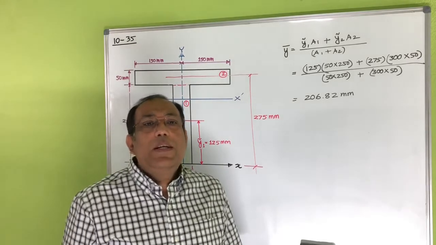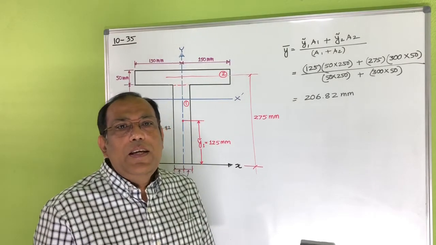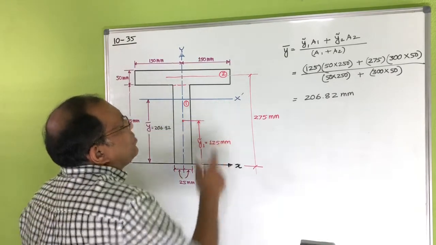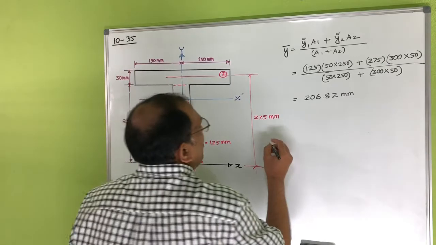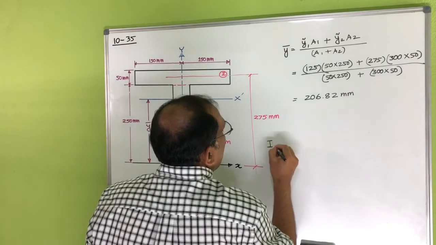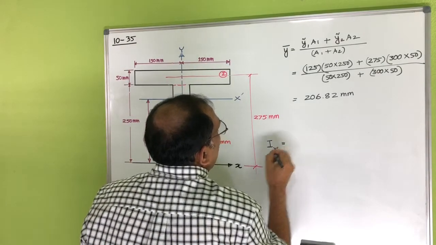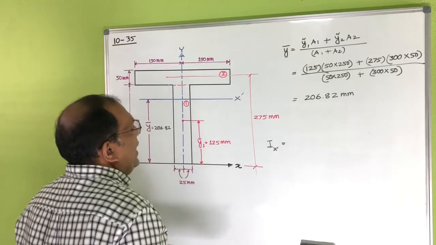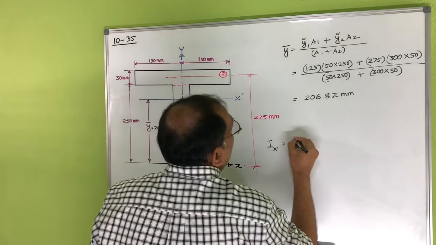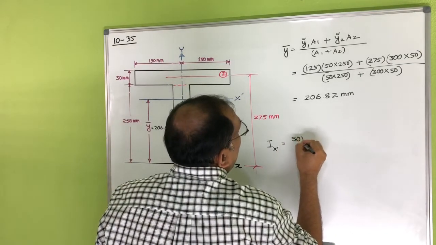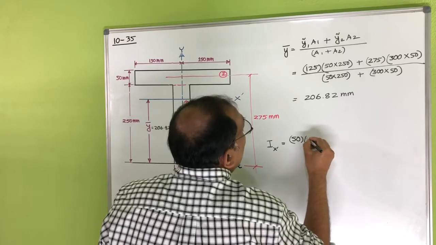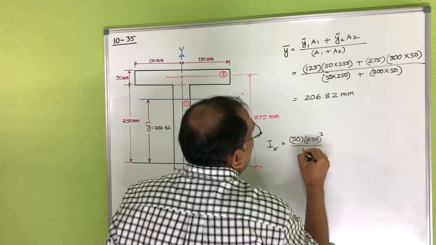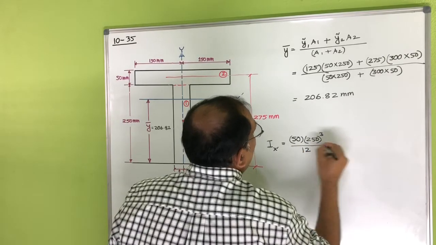Once I know that, I have to find the moment of inertia along this x prime axis. So my Ix prime, for segment 1, is bh cubed by 12, so 50 into 250 cubed divided by 12, plus AD square, right?